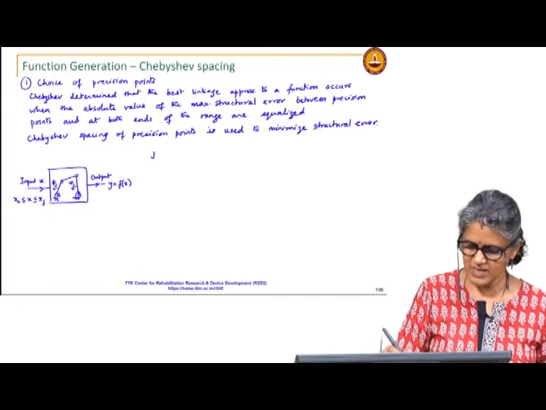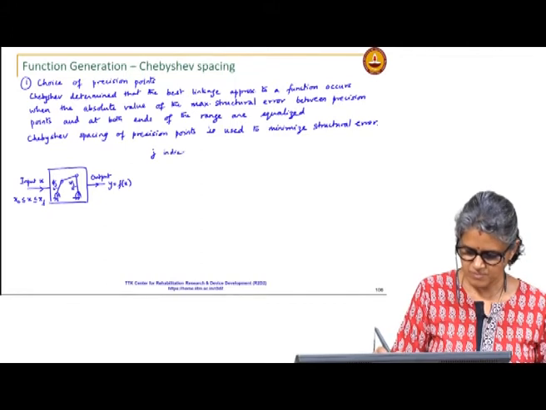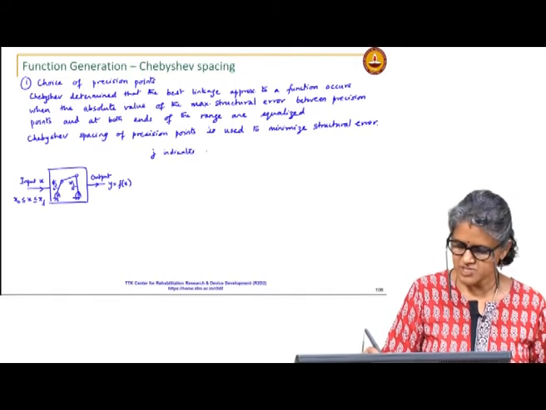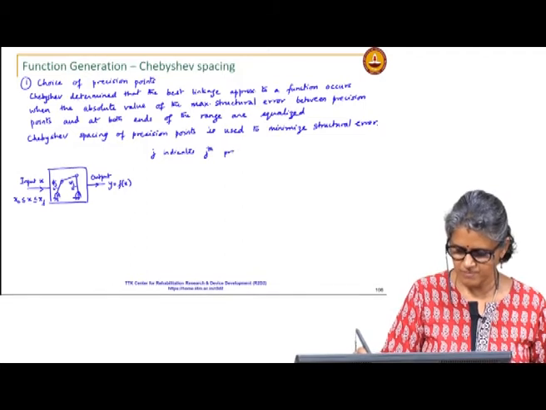So, j indicates the jth precision point.